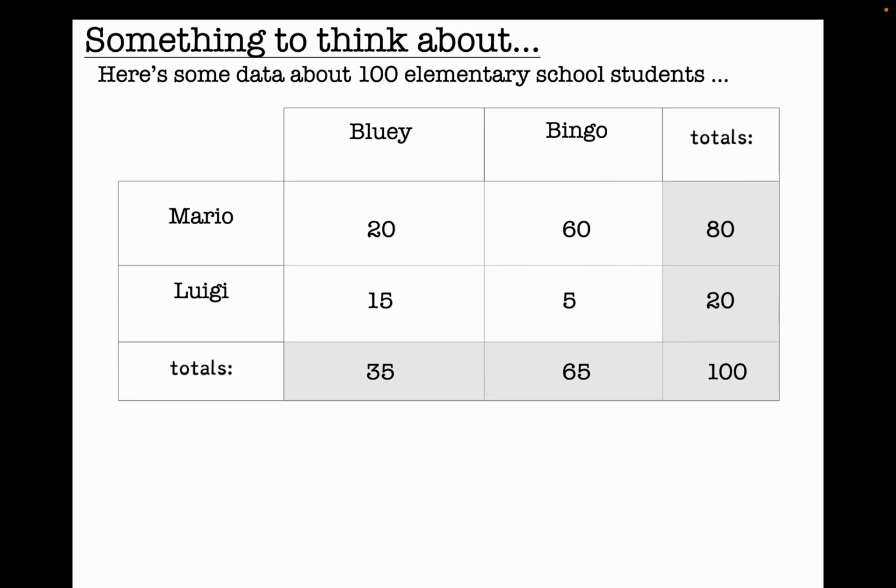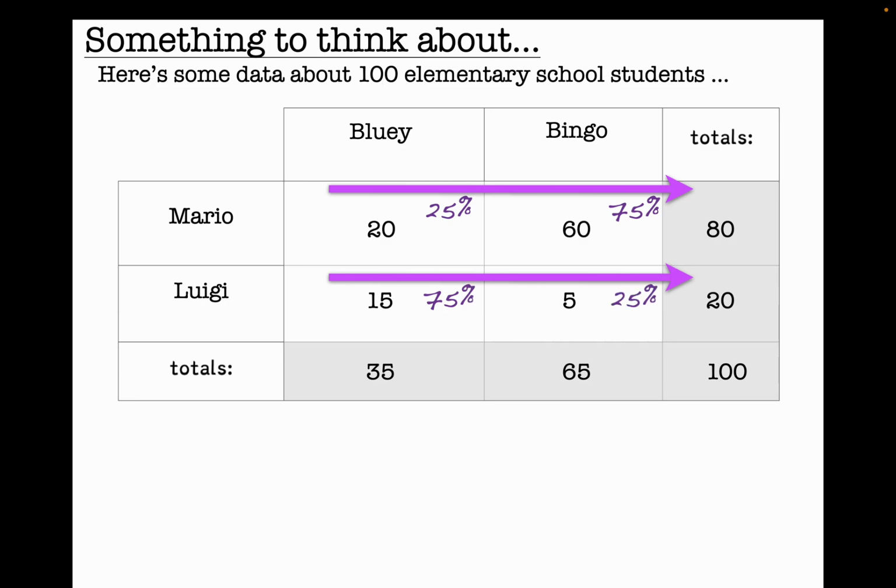Now that you're done with that, here's some more data in a two-way table. 100 elementary school students were surveyed. Do you prefer Bluey or do you prefer Bingo? Do you prefer Mario? Do you prefer Luigi? Here's your relative frequencies.